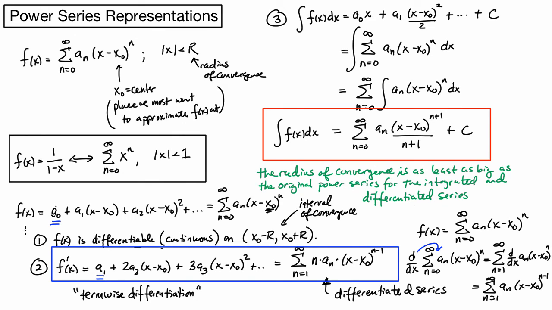Meaning that if this original function had a radius of convergence of r, then I know that my differentiated series has an absolute value of x less than r at least.